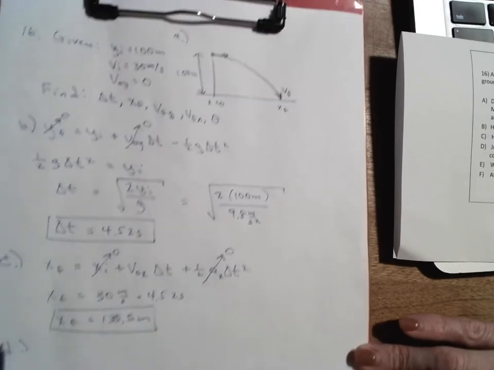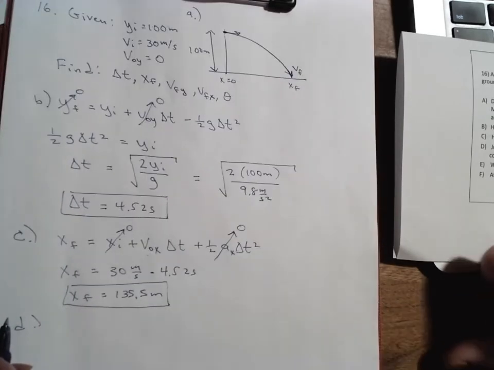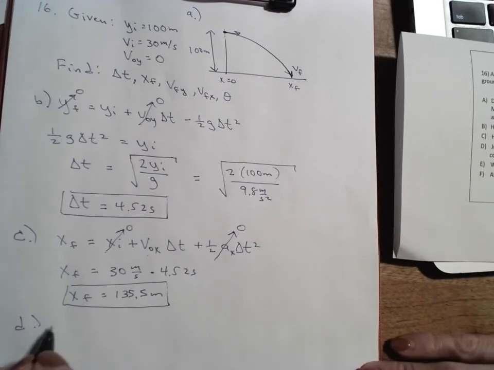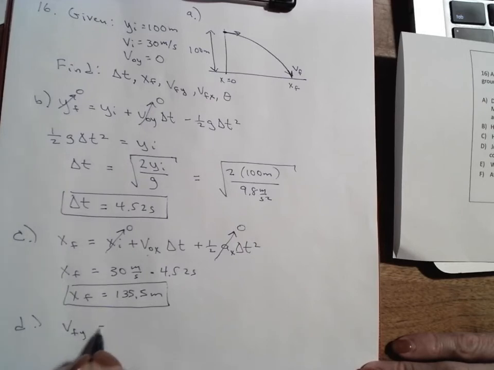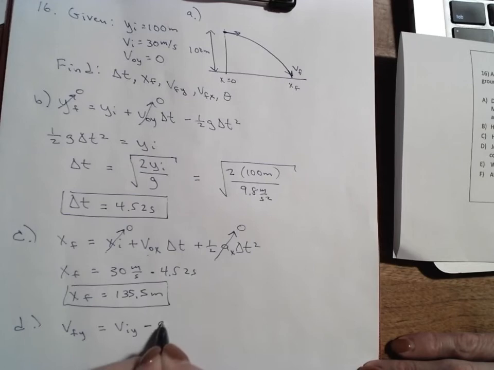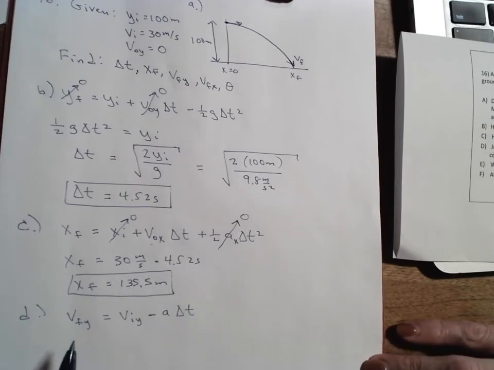D, we're looking for the y component of the velocity. So if I want to find v final in the y direction, that's equal to v initial in the y direction minus a delta t.